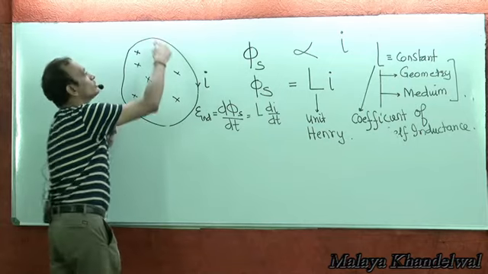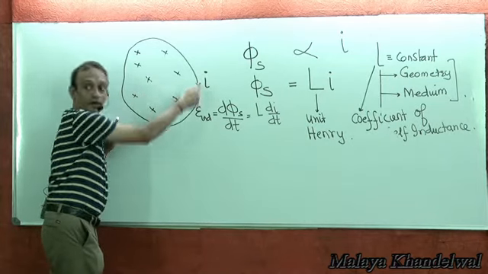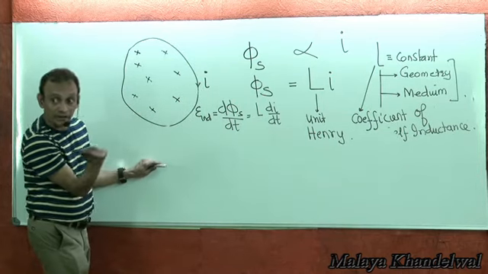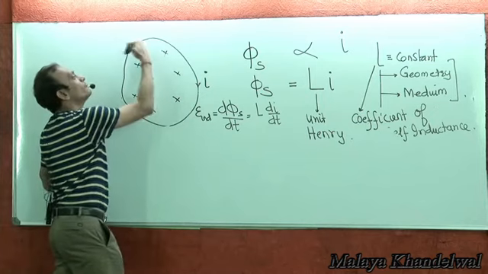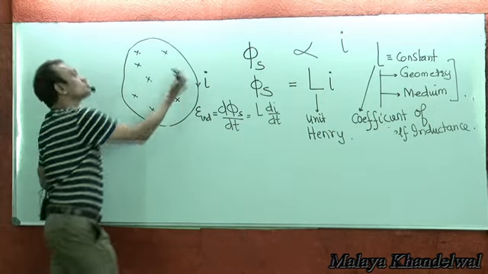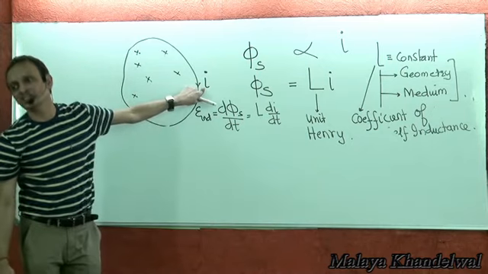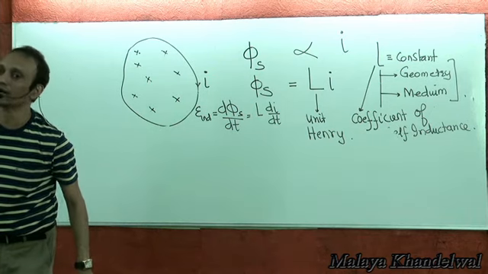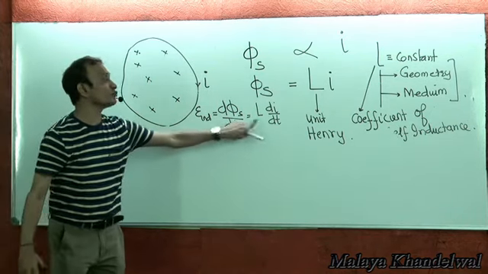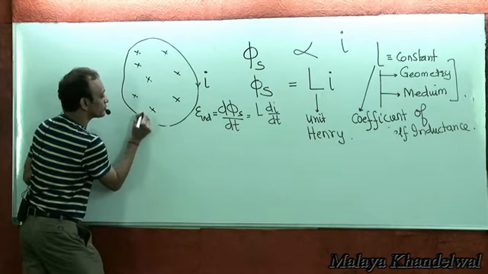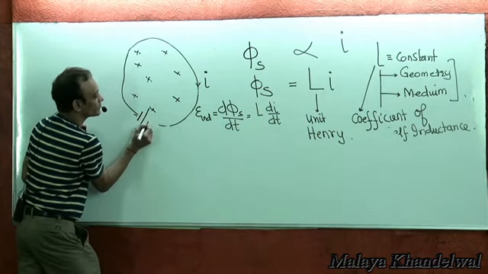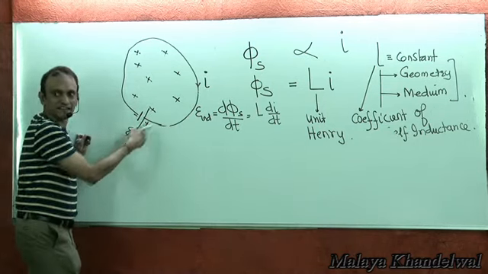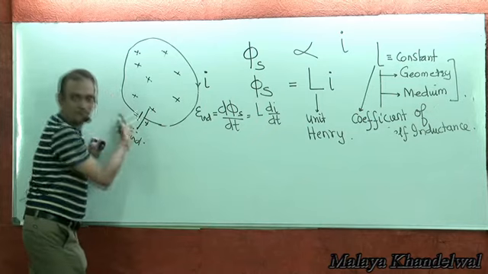Which means now, even though the original current I is like this, if I is increased to a certain value, then the direction of the induced EMF would be like this. The induced current would be like this, so that it could partially dilute the increased I. The induced EMF behaves like a battery of this kind, which will oppose this increase of current.